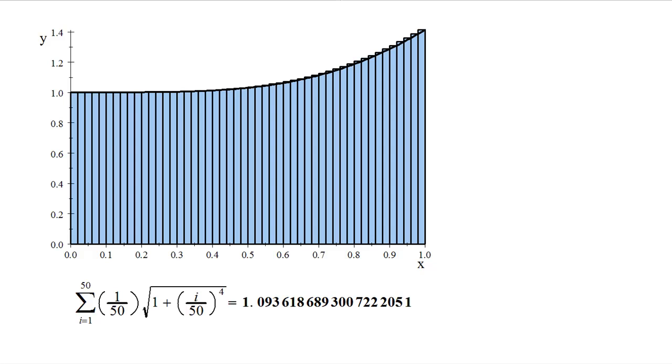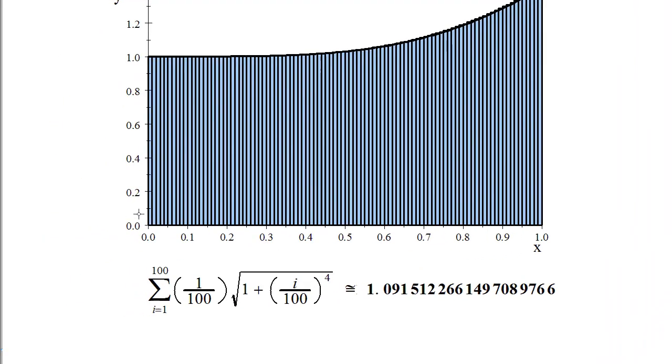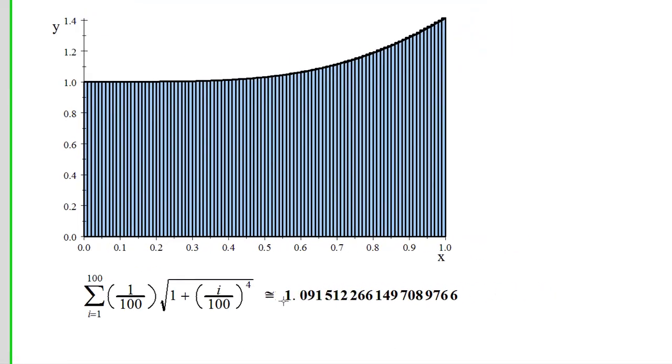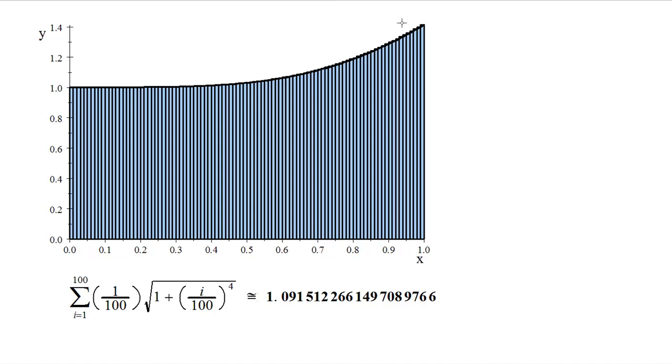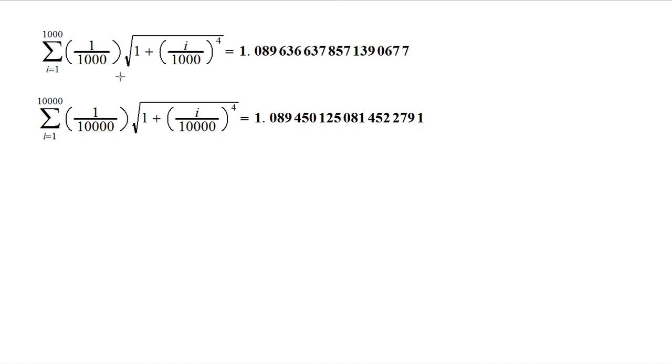When we increase this further, this time I have 100 rectangles, and this looks like a pretty good approximation. After that I don't think I'll be able to draw any picture any better or closer. So we will see how the values stabilize.